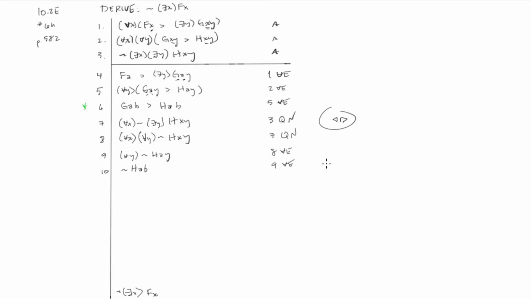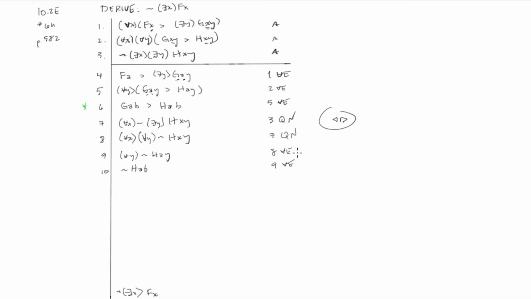Okay? So another brief comment here. Stay with me. When we do universal elimination on line 8, we cannot start with the y quantifier. Same way up on line 2. When you want to do universal elimination on line 2, you cannot start on the inner quantifier.